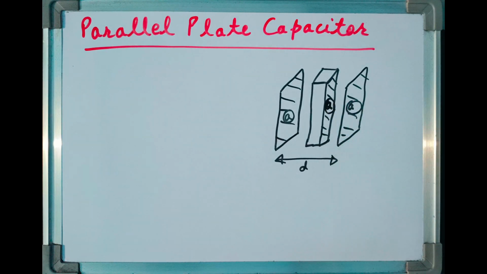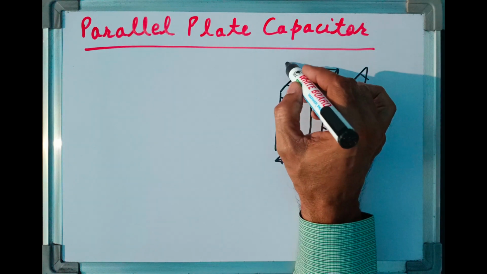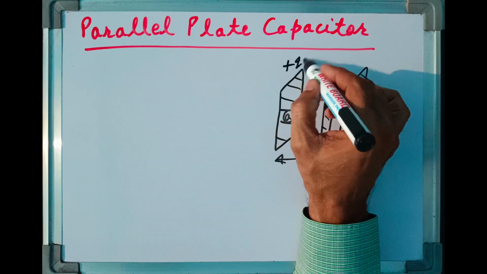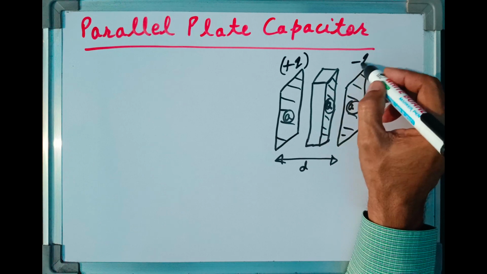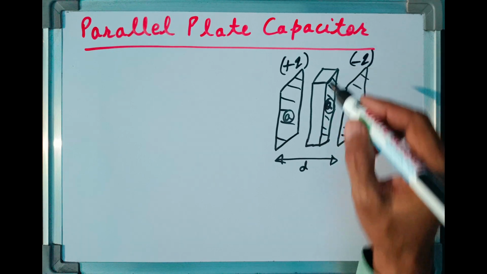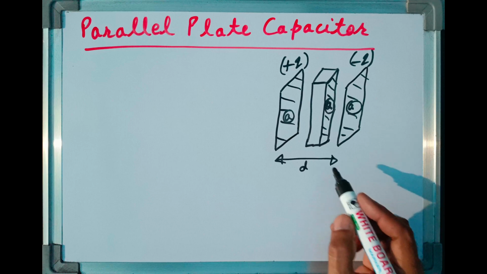This whole thing which is appearing in this diagram is called a parallel plate capacitor, and one of these plates is charged positively and the second plate is charged with the same magnitude but opposite in sign, that is minus q charge is given to second plate.